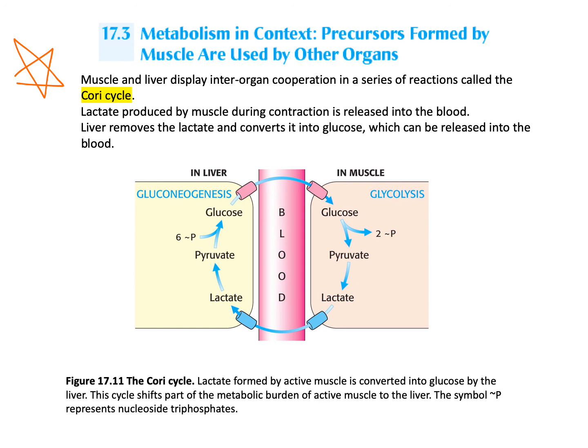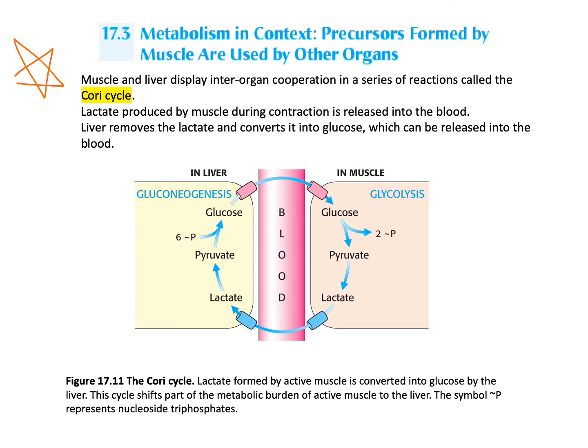And the lactate will be transported to the liver and converted to pyruvate and then back to glucose through gluconeogenesis. And that releases the burden of the muscle to digest the lactate.